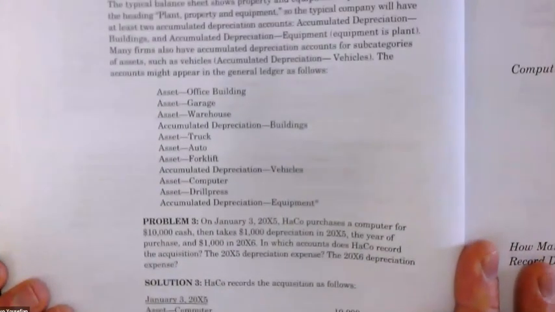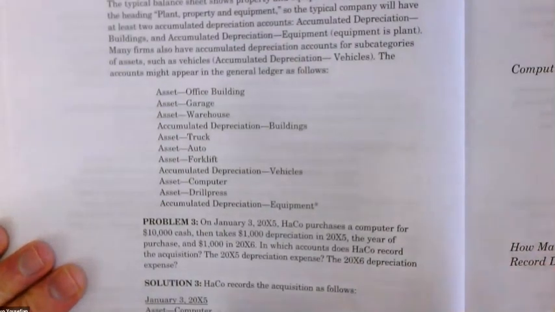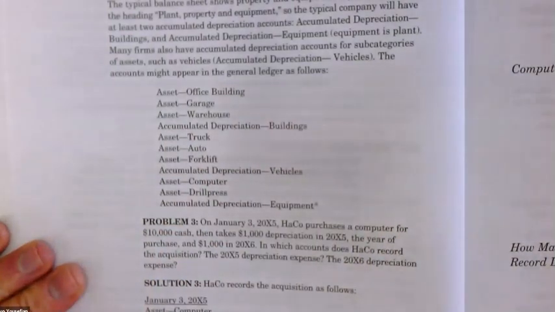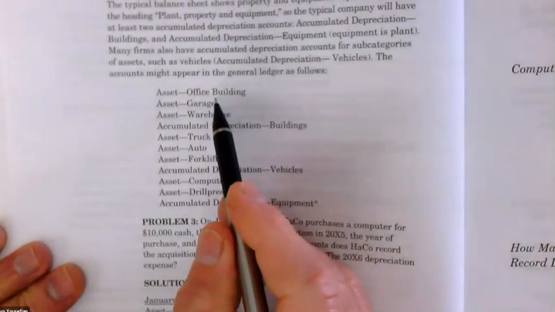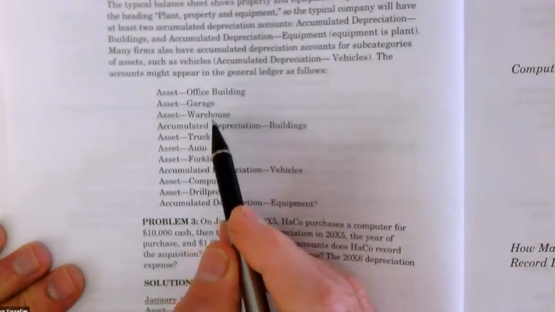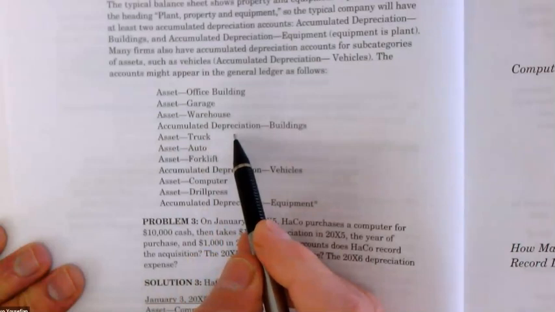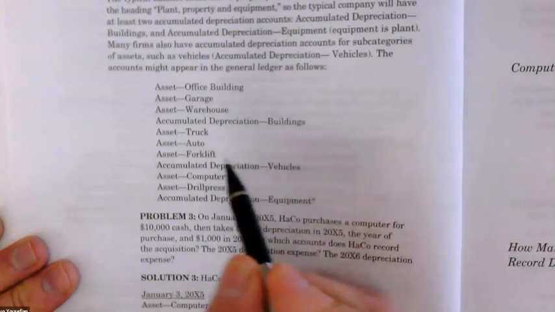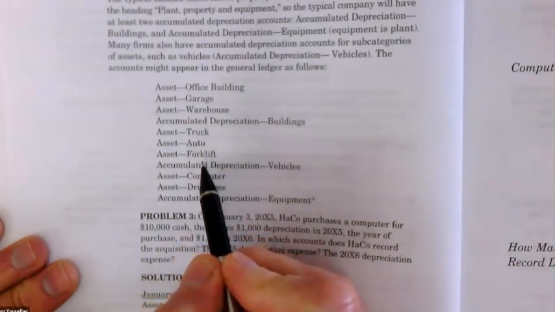So here is a good example of a chart of accounts. Let's say we have different property, plant, and equipment, PP&E. We have office building, garage, and warehouse. They are categorized in one category, and then we have accumulated depreciation, dash, building. That makes sense. And then we have another set of assets like truck, automobile, and forklift.